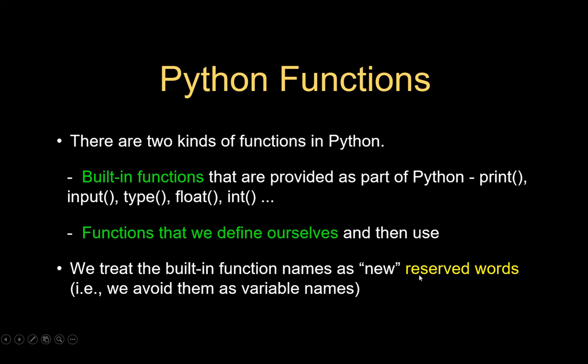It's also important to know that when we create a new function, that function name will be considered as a reserved word. So we cannot use that name somewhere else in the program as a variable name, for example, because Python will consider that as a reserved word only for that specific function.